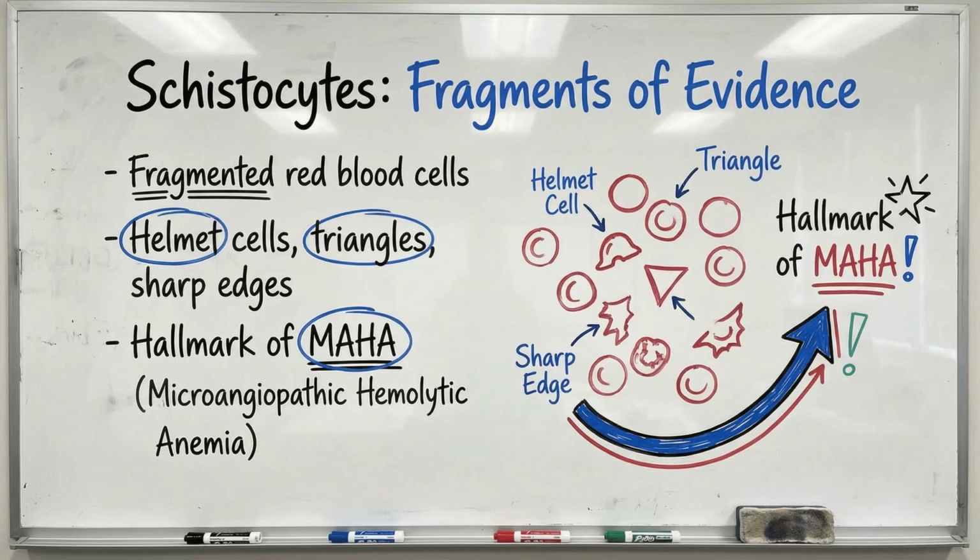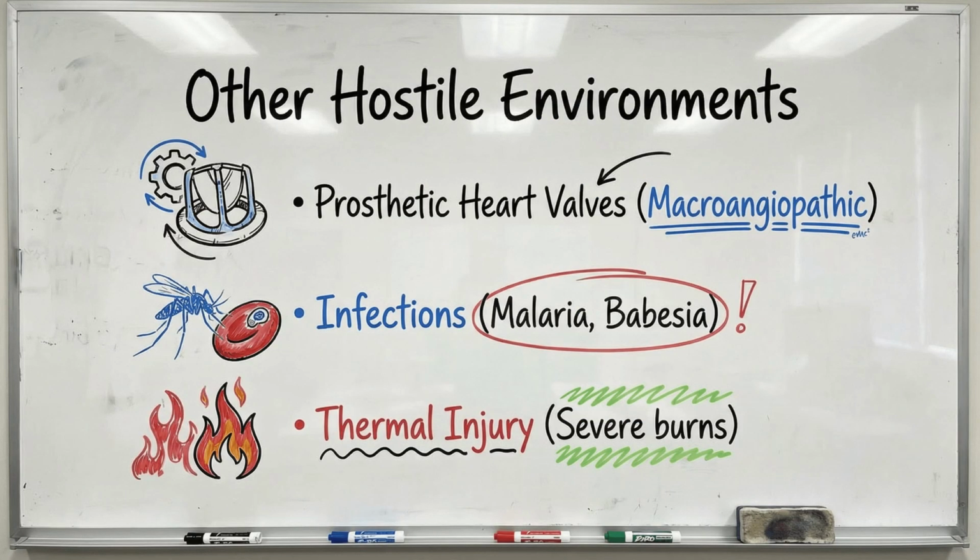But mechanical forces aren't the only other hostile environments red blood cells can encounter. Beyond immune and microangiopathic causes, red blood cells can face other hostile environments.